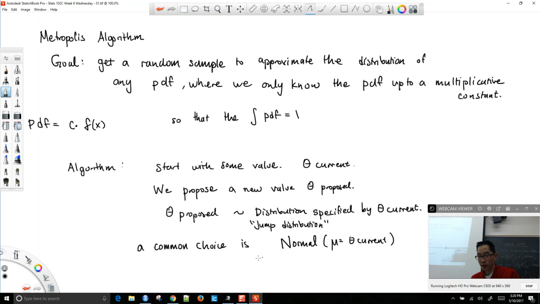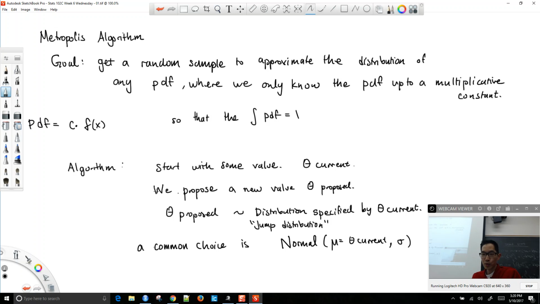We say theta proposed comes from the normal distribution centered at theta current with some value sigma. This is actually a requirement of the Metropolis algorithm, that this jump distribution be symmetric. I'll talk about that on the next slide.